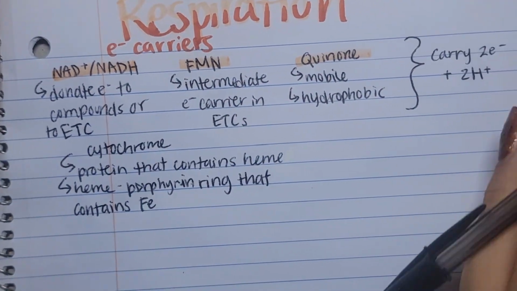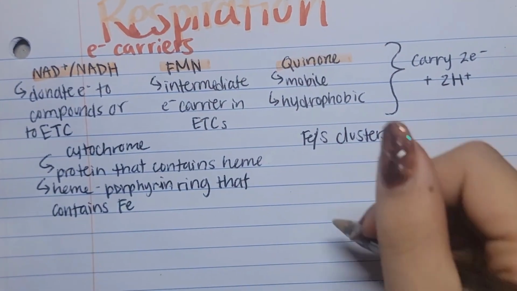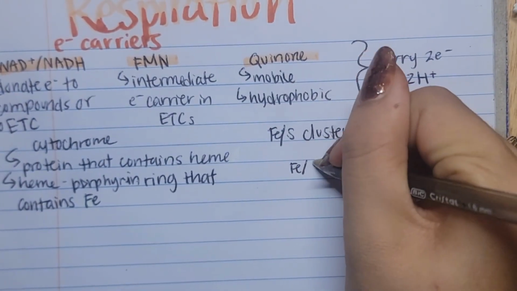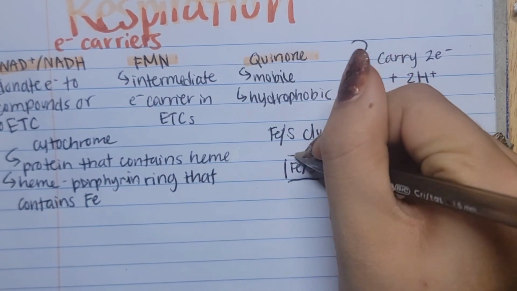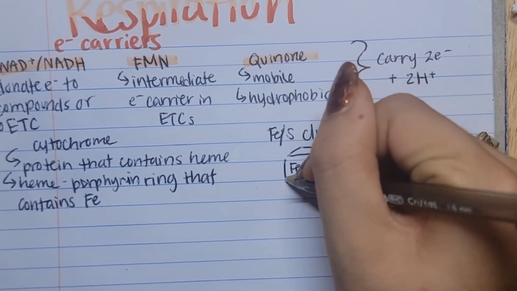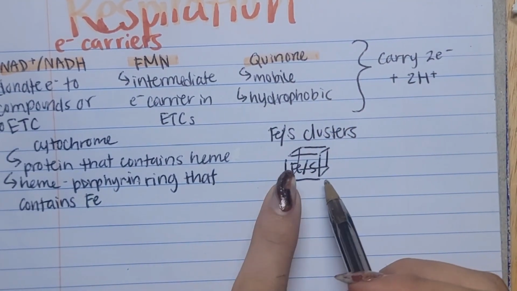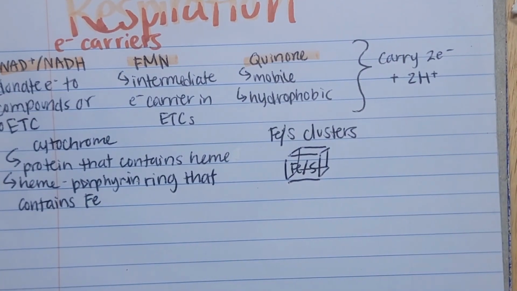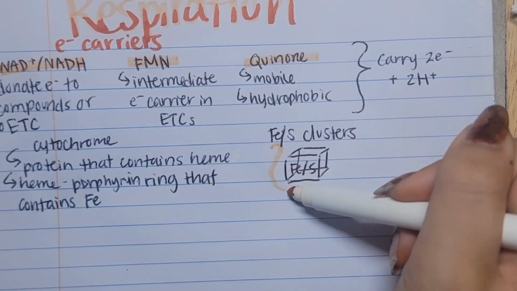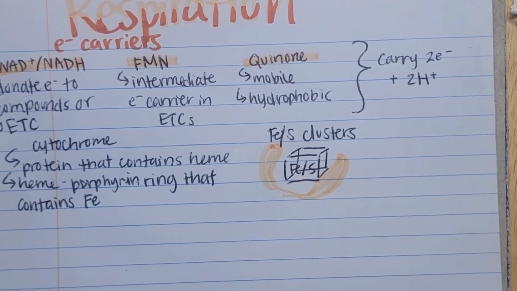And another thing containing iron is iron-sulfur clusters. So an iron-sulfur cluster is usually depicted as like a cube of iron and sulfur, and it's kind of alternating. I'm not going to draw it like that because you don't really need to know the exact structure, but you might want to know that it is connected to a protein. So it's kind of similar to a heme in that way. It's connected to some sort of protein in the electron transport chain, right?